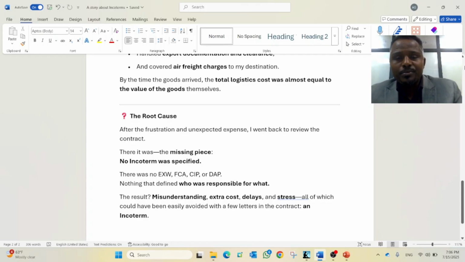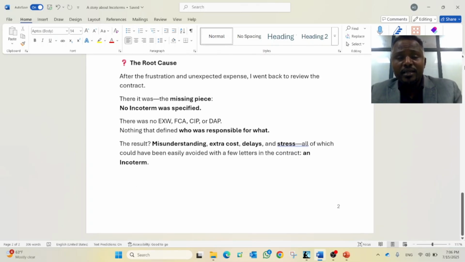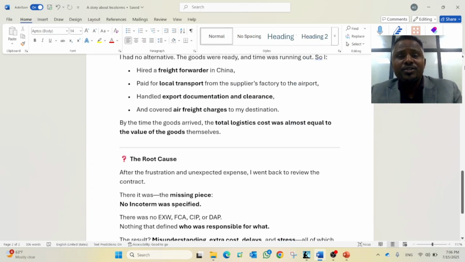There was confusion and misunderstanding. We paid extra costs, faced unnecessary delays to the shipment, and felt much pressure and stress, all of which could have been easily avoided with a few letters in the contract. That was the Incoterms. This is the real, true story that happened between the supplier and my company.